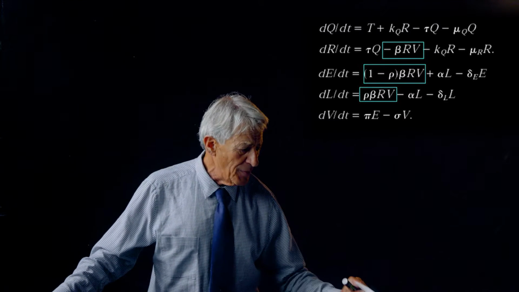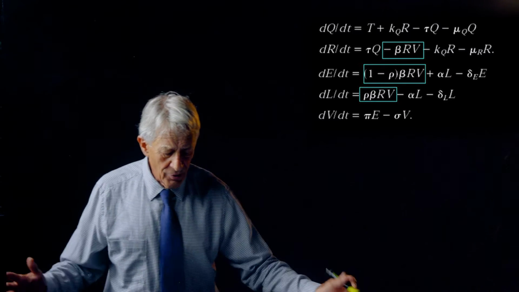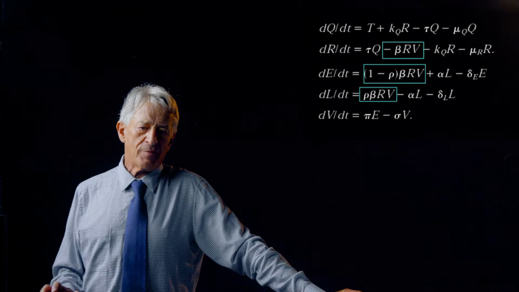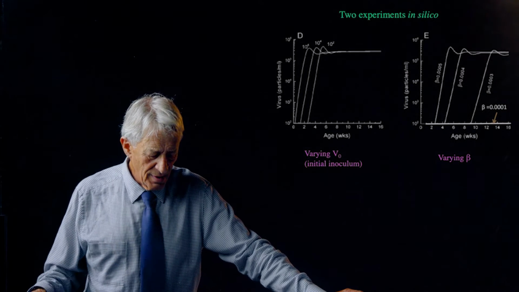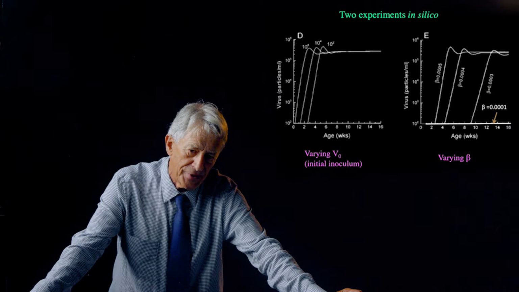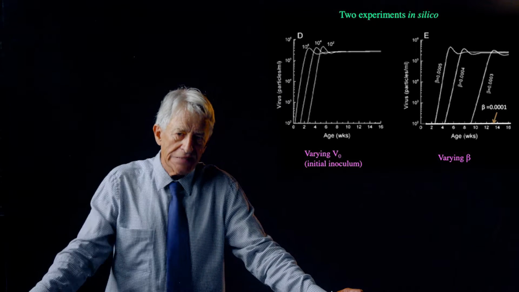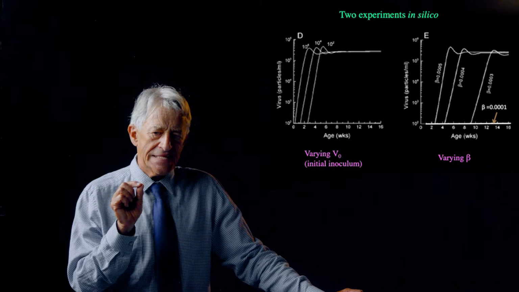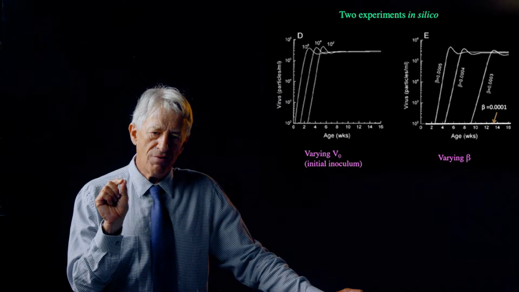So then once we had the model, we were able to do some simple experiments. For example, let's look at the left-hand side here. This is an experiment where we tried 3 different sizes of the initial inoculum.